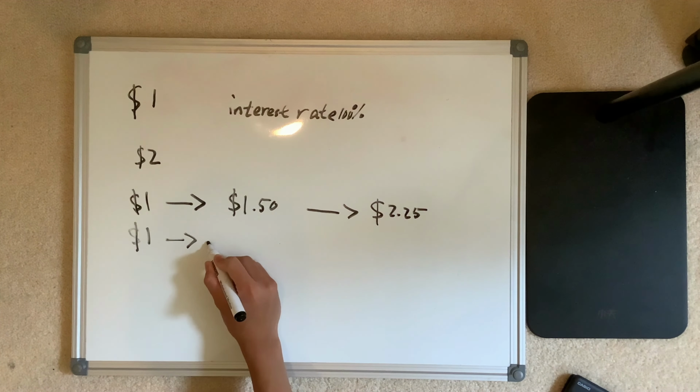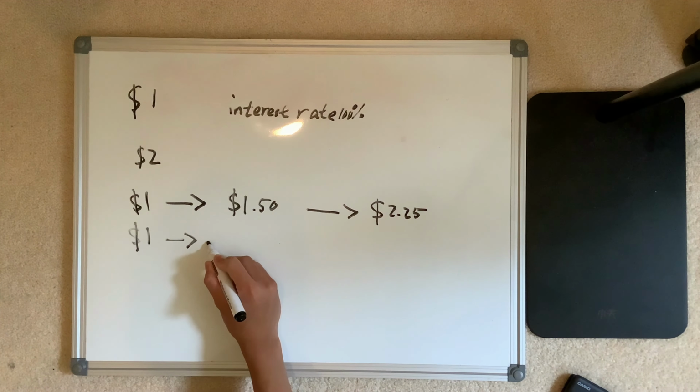So does it mean that we can just get infinite amount of money? So we start from 1. So $1 becomes $2, and then we have $2.25, $2.37, $2.44. We can do an arbitrarily large number. So what if we do it like 20 times? Let's try this. So this is 1 plus 1/20 to the power of 20.